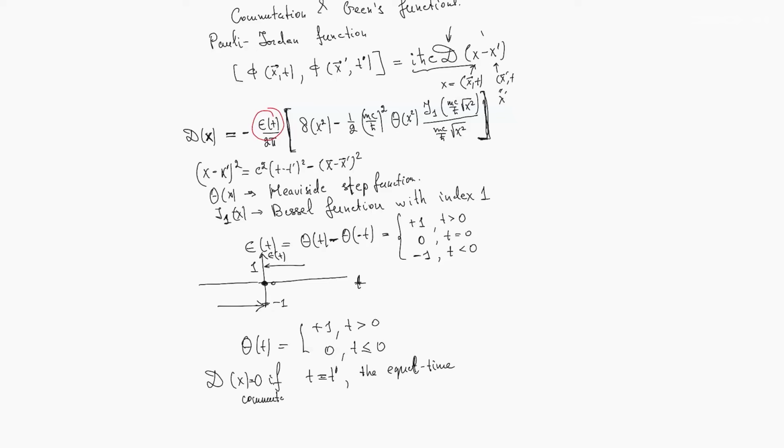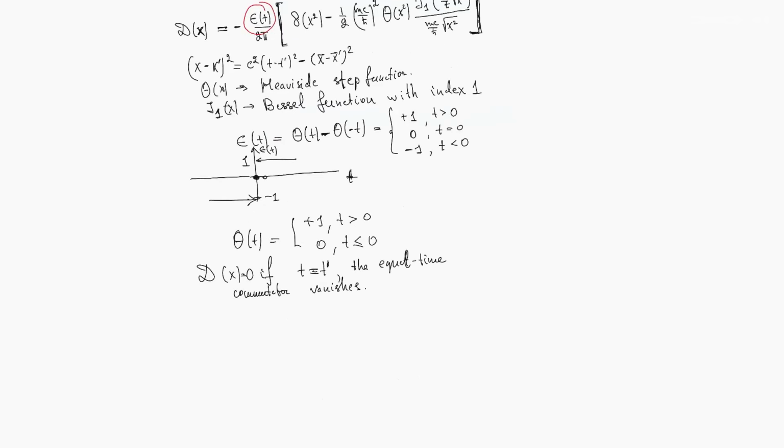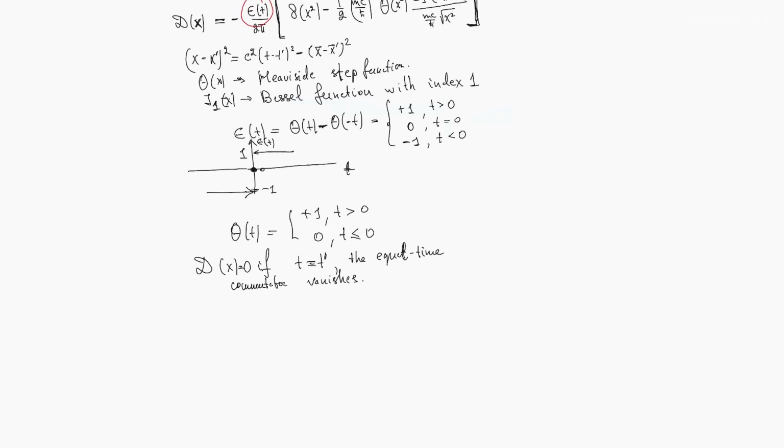which is good because it shows that it's compatible, of course, with the fact that for one and the same time argument, fields commute. So phi of x, t and phi of x prime, t, the equal time commutator of the fields, we know that it vanishes, and this is the result of canonical quantization.